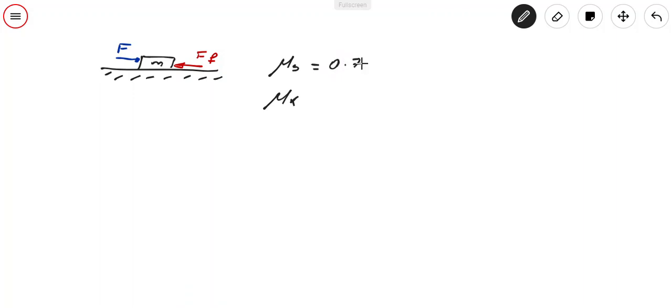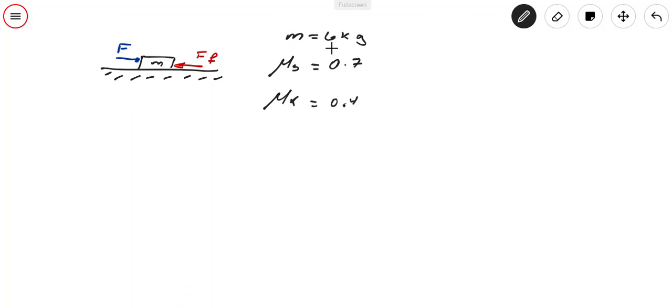So let me say that we have a coefficient of static friction of 0.7. We have a coefficient of kinetic friction of 0.4, right? And let us think that the block has a mass of 6 kilograms, right?